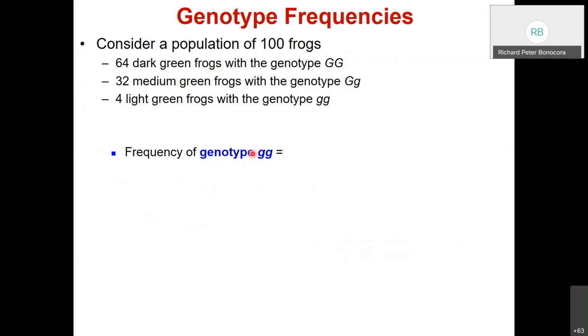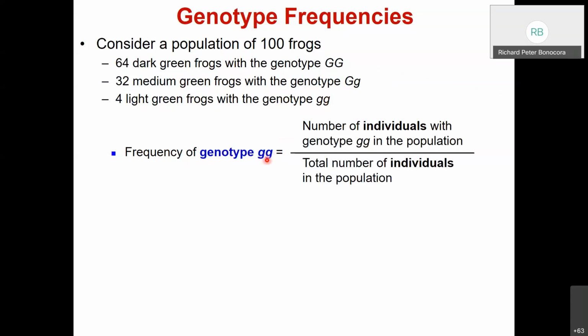To figure out the frequency of the genotype here, it's the number of individuals in a population with this genotype divided by the total number of individuals in the population. And again, this is easy because we can observe a phenotype and know exactly what the genotype is, which also tells how many alleles of a particular type are in that individual. So this is a very simplistic example.